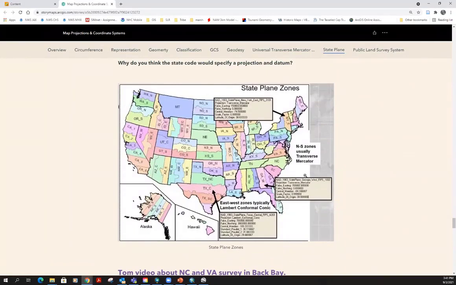So if I was to want to have GIS data from the Commonwealth of Virginia, it would very likely be delivered to me or downloaded in a digital file in Virginia state plane coordinates in feet. And that projection would show Virginia in a very nice shape and non-distorted area type of projection.